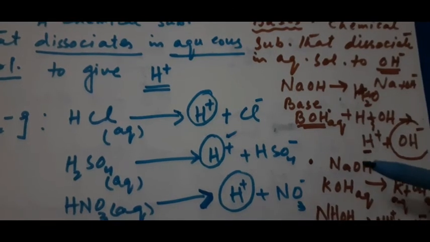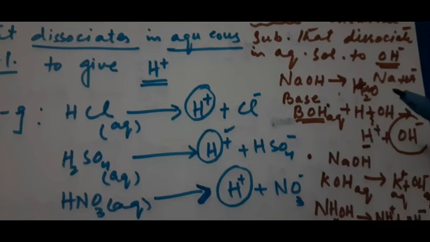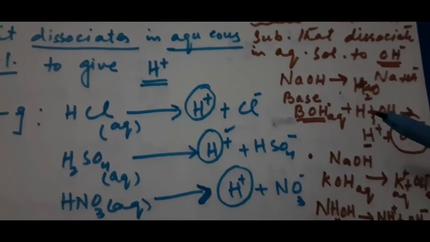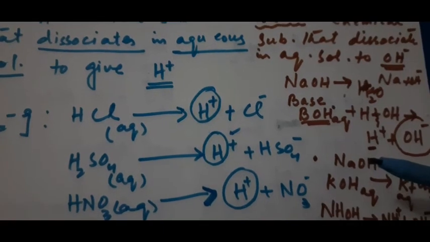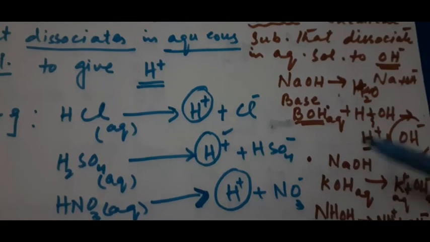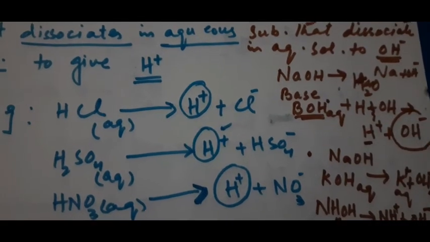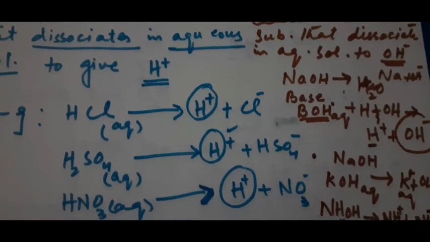But we have some compounds which do not give hydrogen ion but are acidic in nature. On the other hand, some compounds do not give us OH ion but are basic in nature. So these were the limitations.